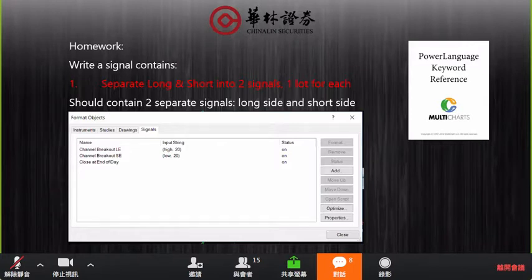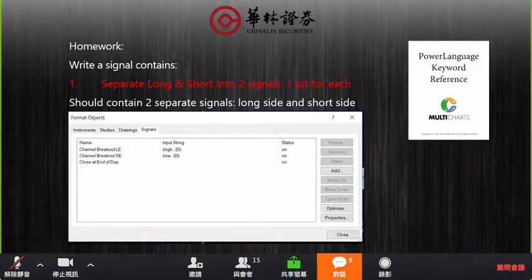But also sometimes when you're trying to do optimization, when you divide them into two separate signals, it would be easier for you to do the adjustment. So traders at my company, they would definitely separate those long and short entries, for easy maintenance afterwards.